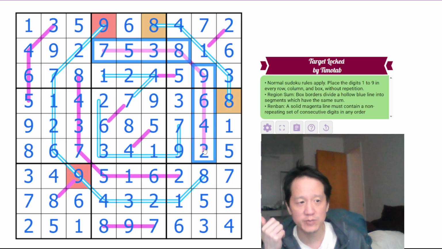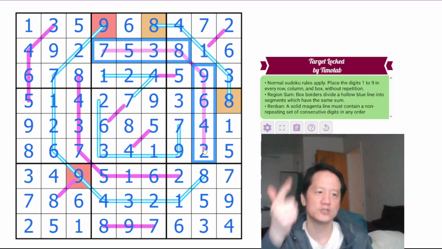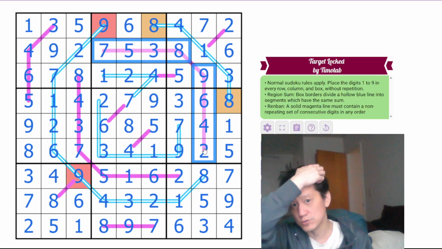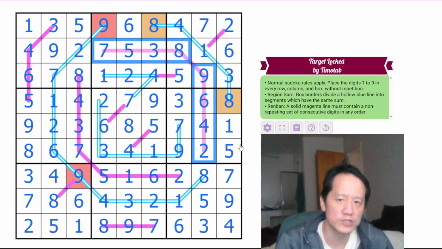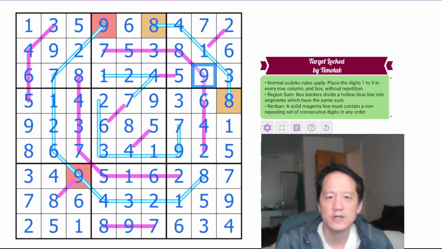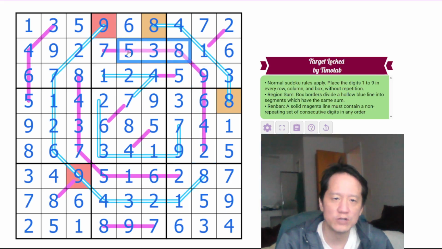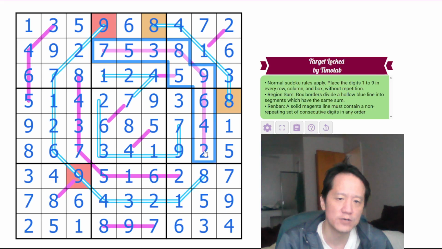Because the only possible combinations are 1 through 8 and 2 through 9, and those all include 2 through 8. So it's very useful in restricting just any cell, really, if that cell sees all the digits on a Renban line.